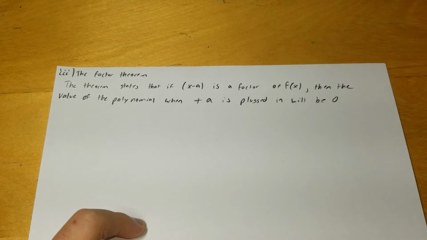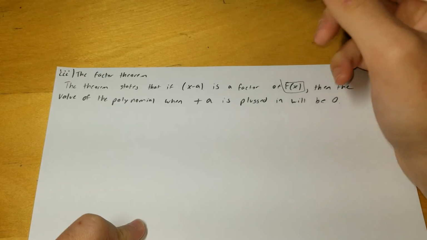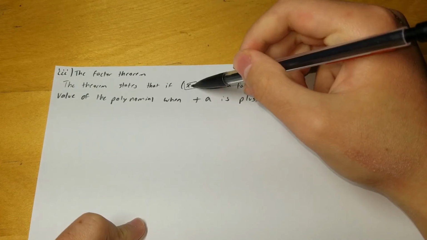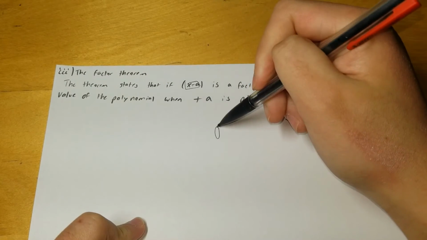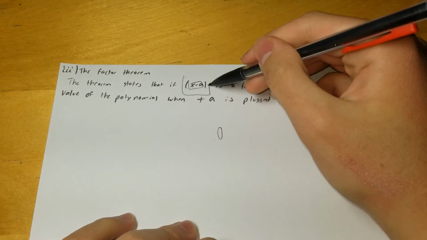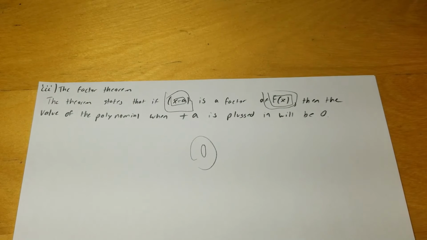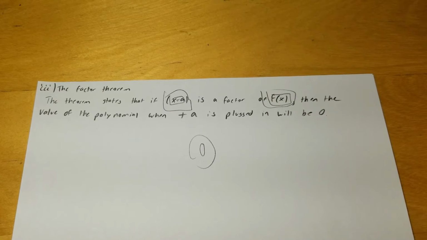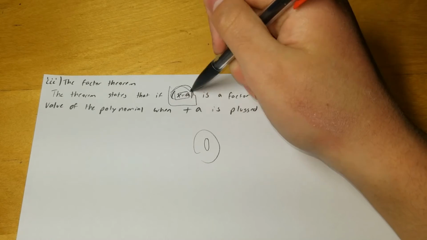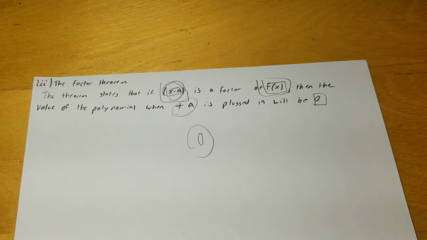So if you have an equation f(x), and you divide by x minus a, and you get a remainder of 0, that means x minus a is a factor, because it works out perfectly. So essentially, it's just a continuation of the remainder theorem. If you plug in the opposite of this, which is positive a, you would also get a remainder of 0.